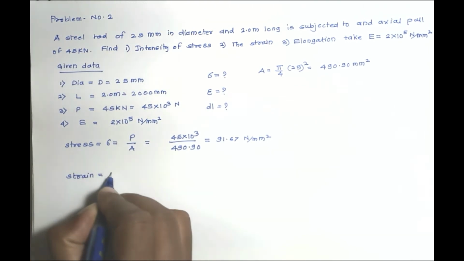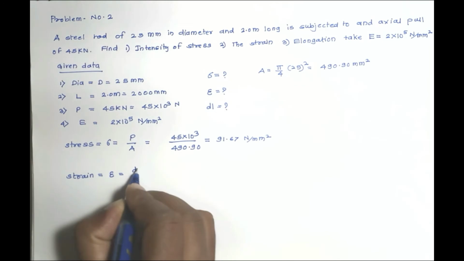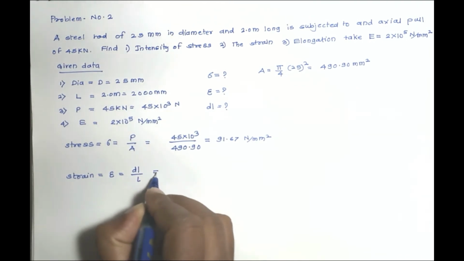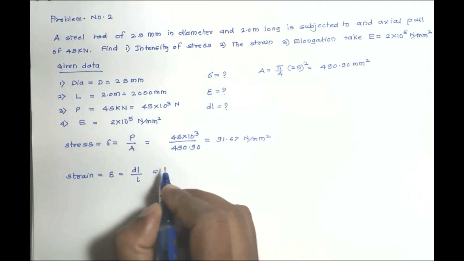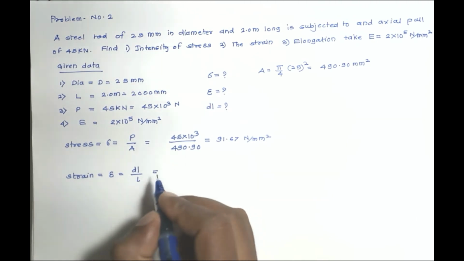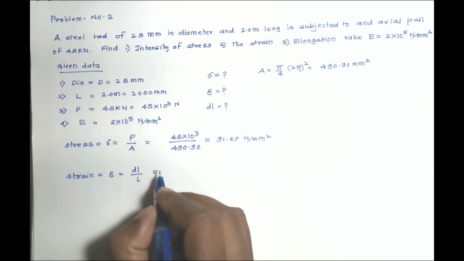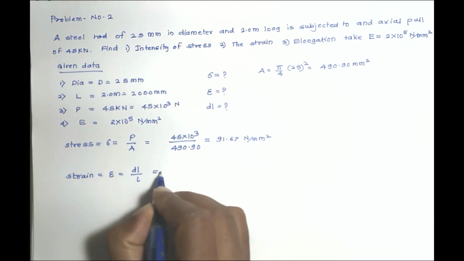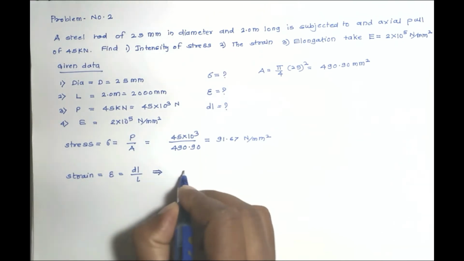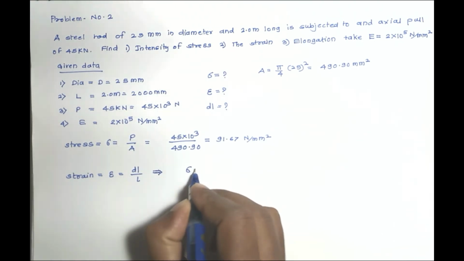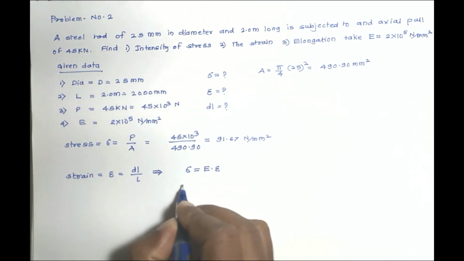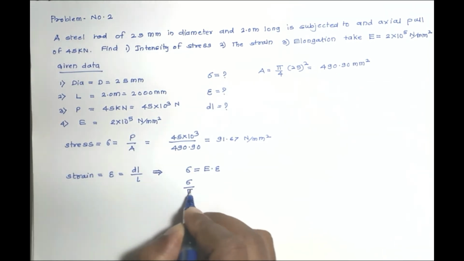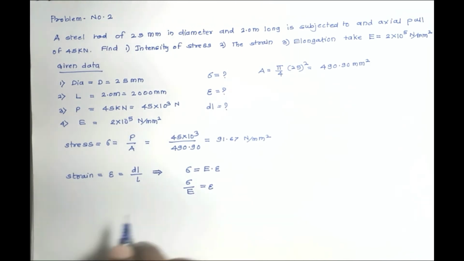Then the value of strain is equal to dl upon L, that is change in length upon original length. Now change in length is not known to us, so we have to find another way of calculating this. So this cannot be calculated with this particular equation. Now there is one more equation which relates stress, which is equal to modulus of elasticity into strain. So from this I can write stress divided by modulus of elasticity is equal to strain.